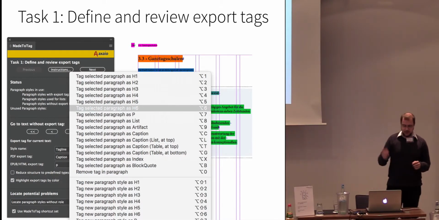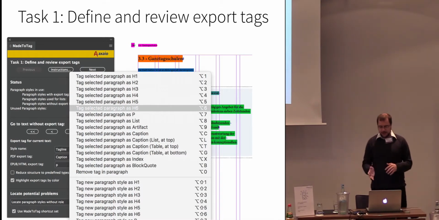Just hit Alt and 1 to tag the current paragraph as heading number 1, and you go through your document. We have color highlighting, which helps you see where you still have to work and what you have already done.